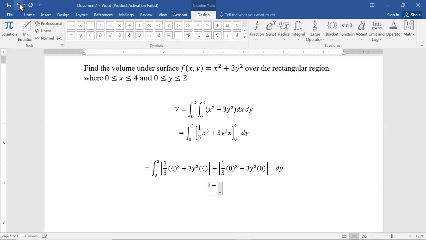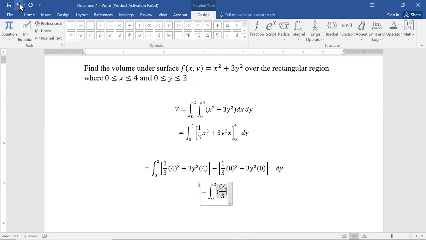Doing the algebra, once you take 1/3 times 4 to the third, that is 64/3.